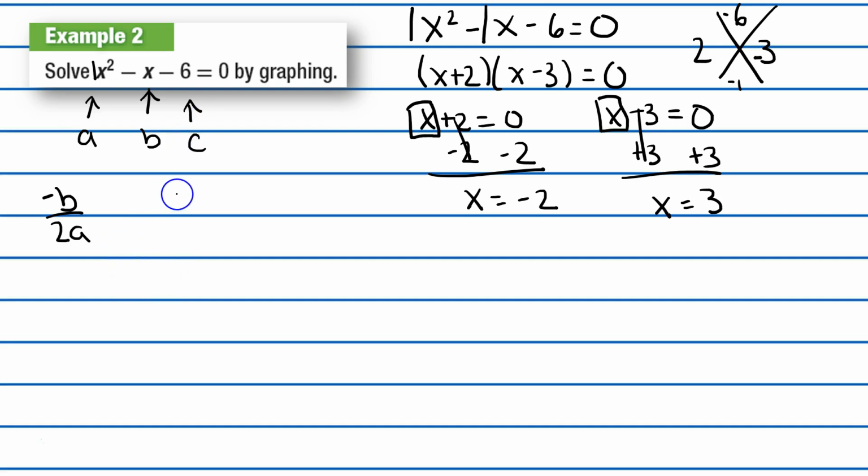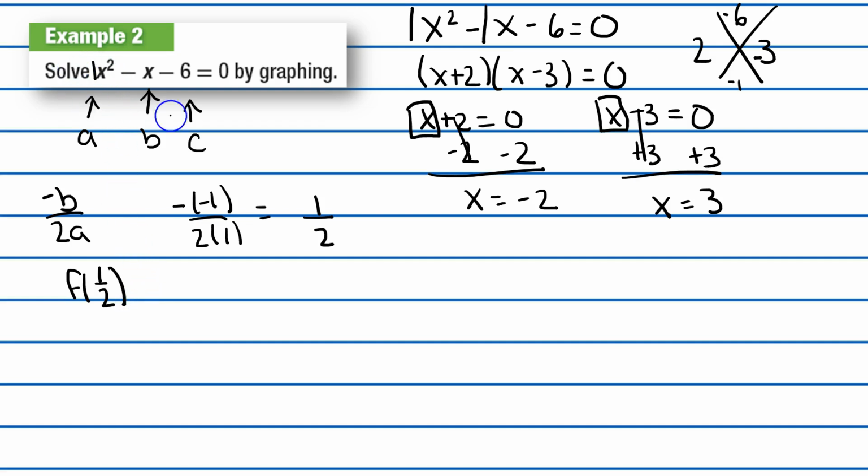Alright, so let's plug in our numbers. Negative times negative 1 divided by 2 times a, which is 1. And negative times the negative gives you a positive. And then 2 times 1 is 2. So that's a half.